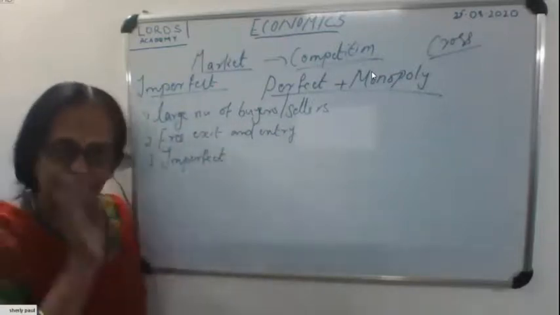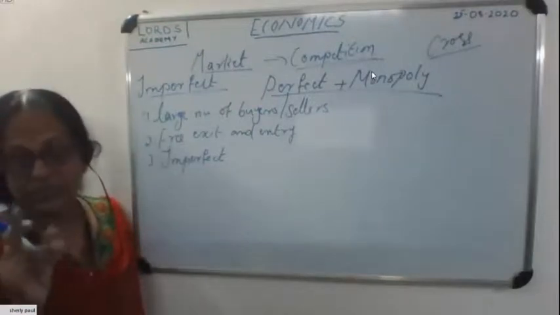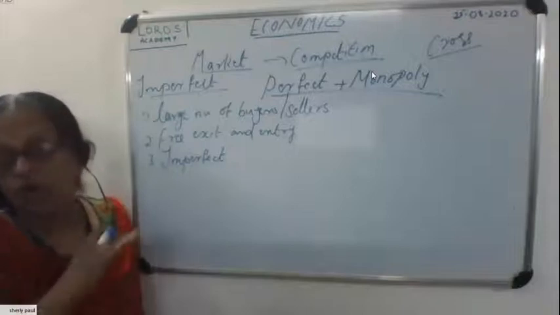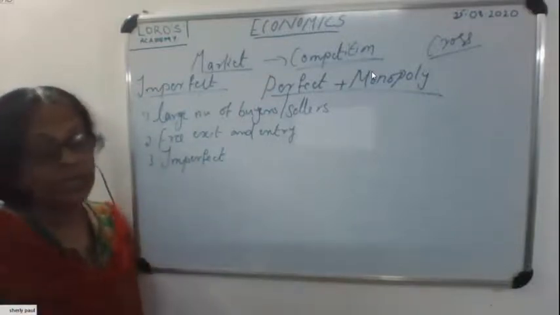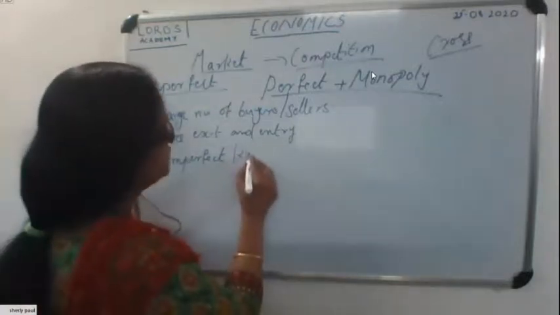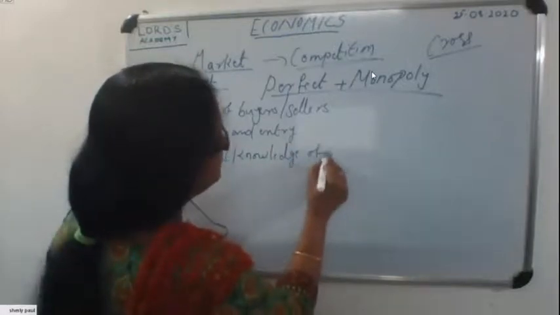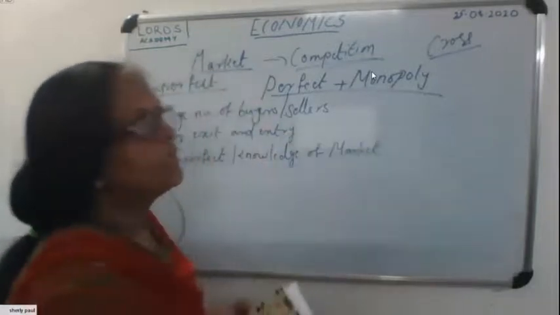In perfect competition also we can see those two characteristics, but I am saying some slight change is there, not totally perfect. But the third one is clearly given: imperfect knowledge of the market. I hope it is clear for you.